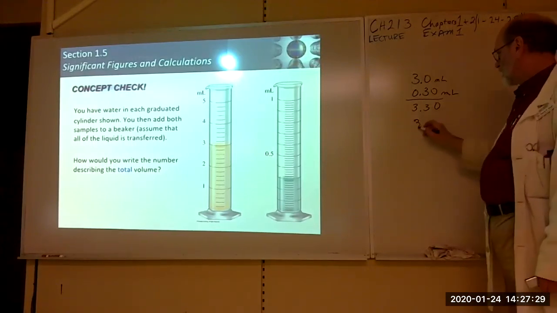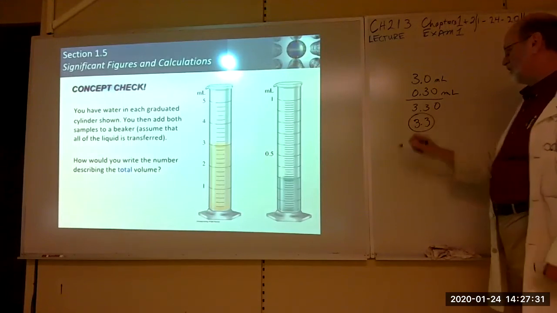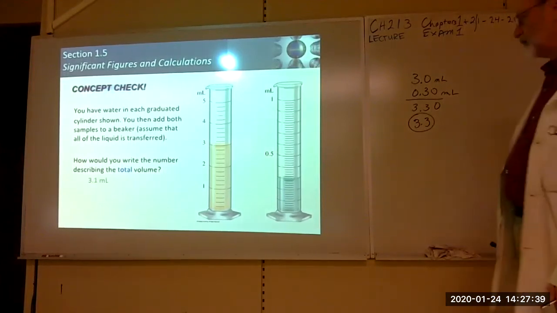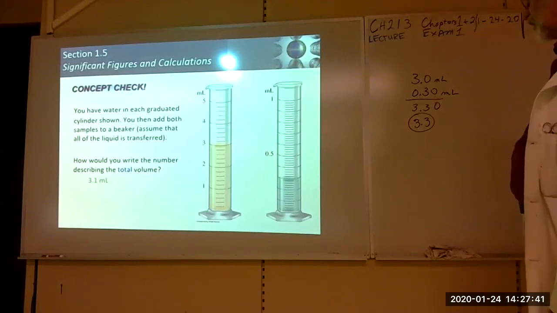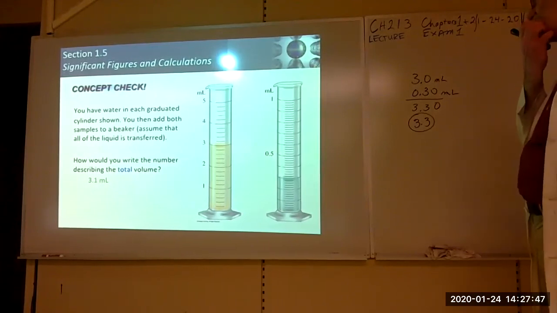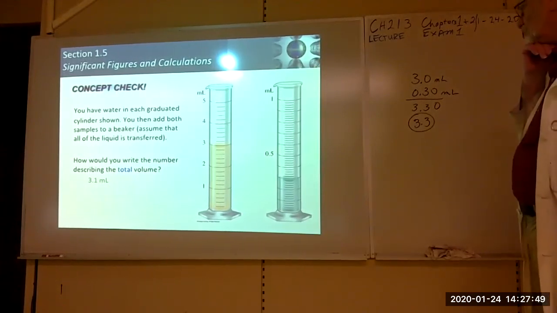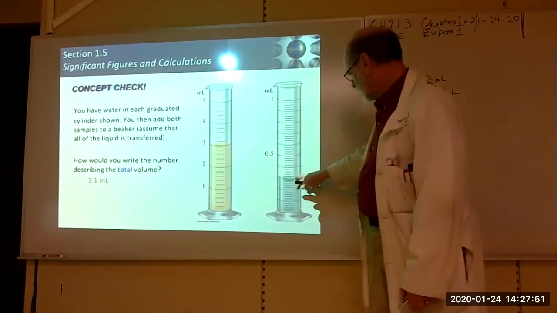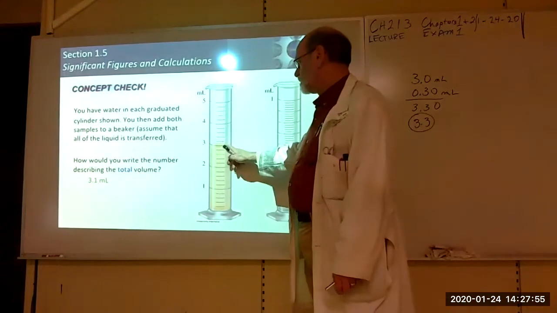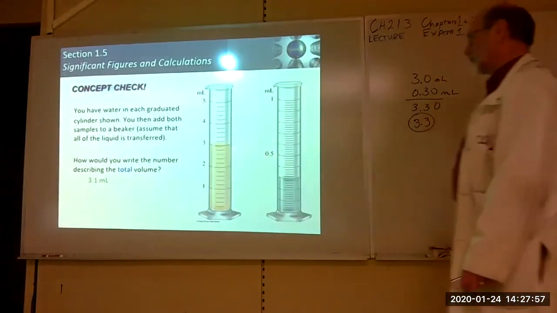So it's 3.3 only for that. Let's see if it agrees. All right, it says 3.1. Why does it say 3? Because that's 0.3. Oh, it's only as accurate as the least accurate device.